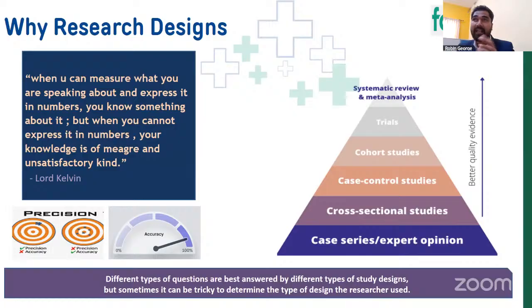Not every question can be answered the same way. Suppose we may have to make an association between two variables, a drug and an ADR, or a dose and an ADR, or a lifestyle and a disease, like obesity and hypertension, or smoking and cancer.